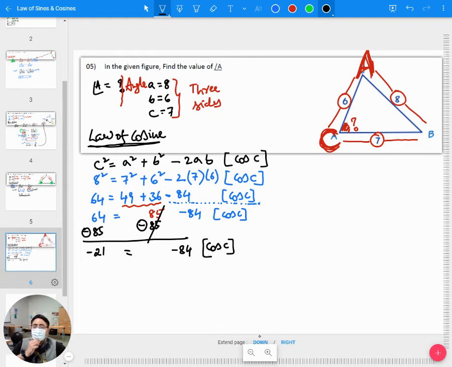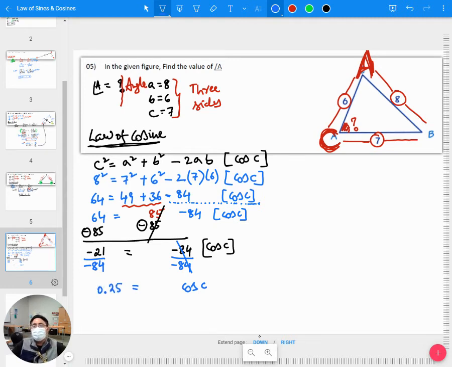As you know, it is 84 times cos c, so the inverse operation is division by negative 84 on both sides. Then the cos c value is negative 21 over negative 84. If you want, you may convert into decimals. So let me type this one. It is 0.25.